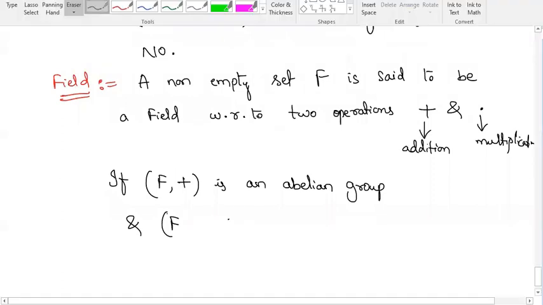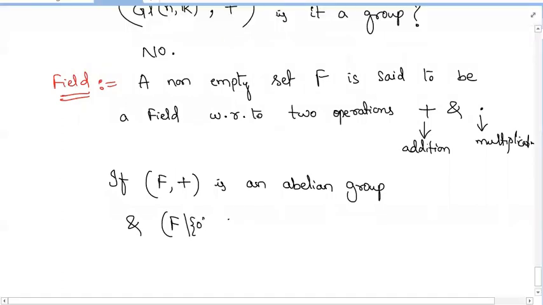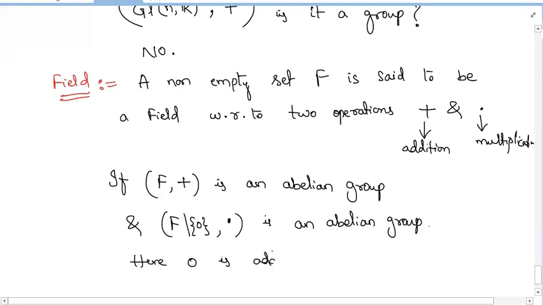So F minus 0 should be an abelian group. Here, 0 is the additive identity with respect to that addition.